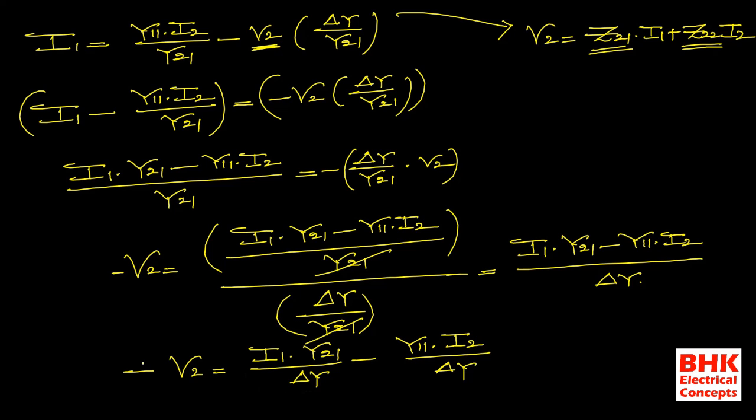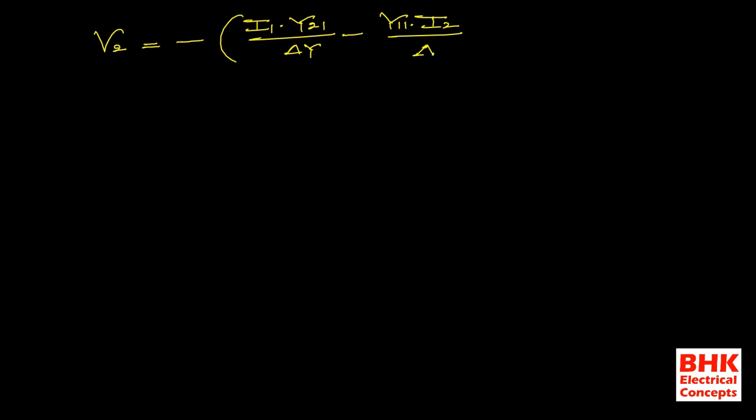Okay, now on the left side we have minus v2 and on the right side we have this complete term. Now apply minus on both sides, then you will get the expression like this. By applying the negative sign on both sides, you get plus v2 is equal to minus of I1 into y21 divided by delta y minus y11 into I2 divided by delta y.